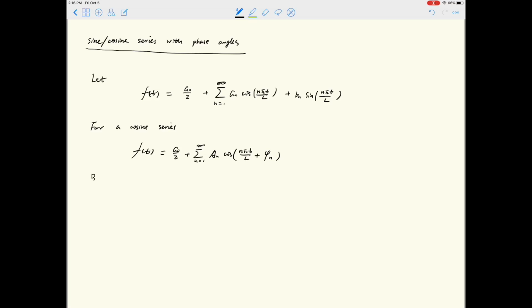So by the sum and the difference formula, this summation can be written as follows: An cosine n pi t over L cosine phi n minus An sine n pi t over L sine phi n.